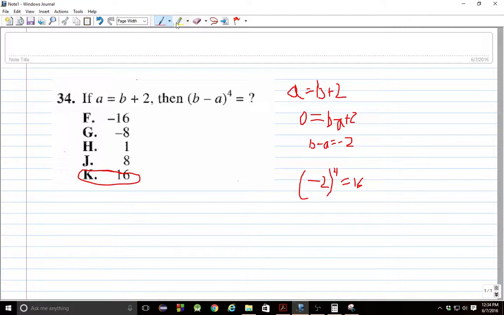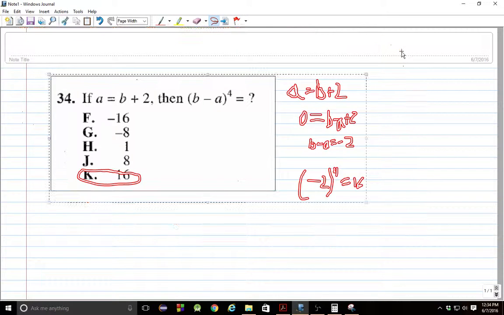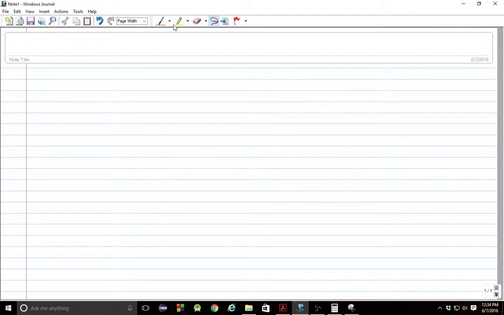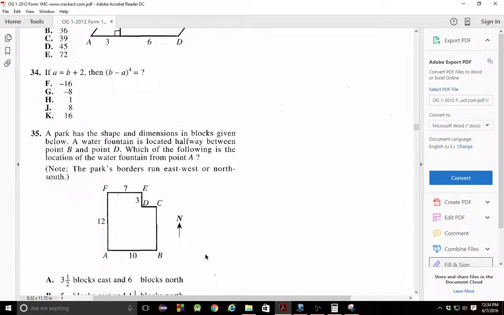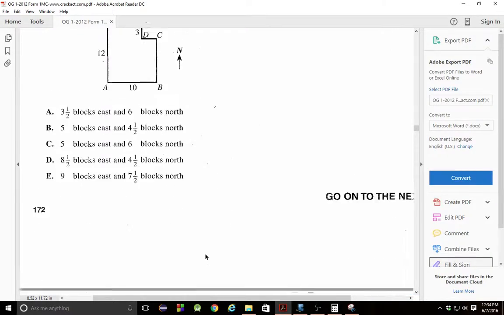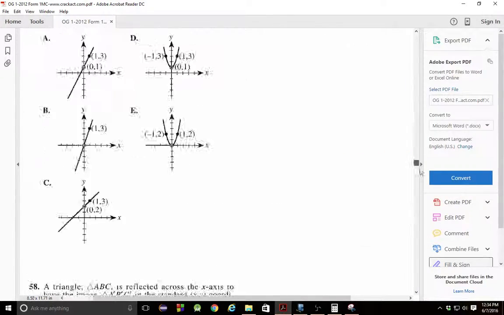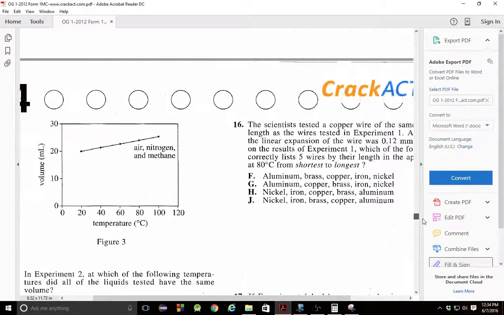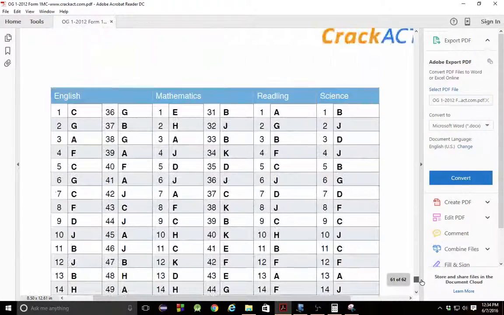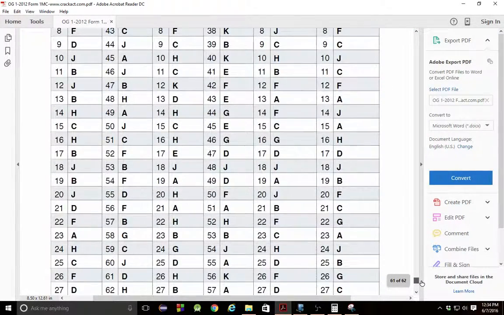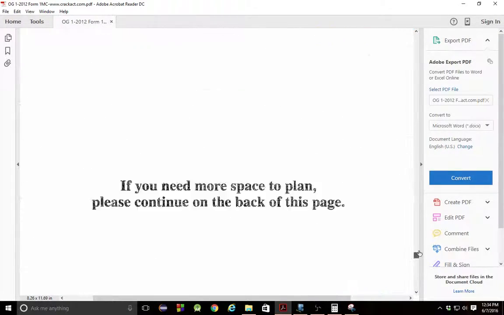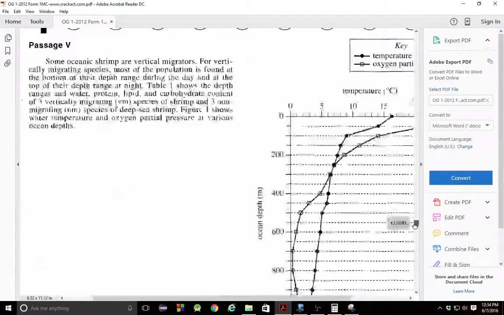Okay, the next one is going to be a bit of a tricky one, and I actually got this wrong the first time I tried it. And I haven't checked the answer on that. So let's check the answer on number 35 first, and then I'll explain how we do this. For number 35, the answer is supposed to be D. How are we going to get that?